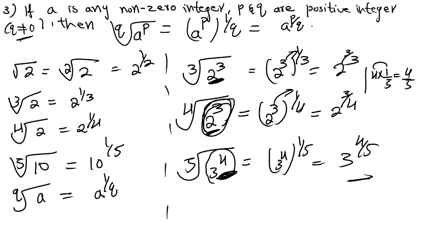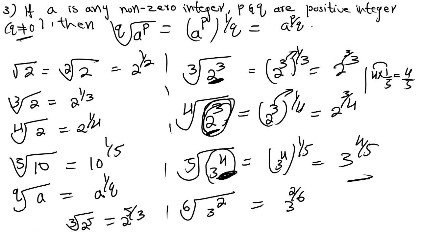So by this you can directly write, say, sixth root of 3 to the power 2. Sixth root of 3 to the power 2 means 3 to the power 2 by 6. Or you can take directly, cube root of 2 to the power 5 is equal to 2 to the power 5 by 3.